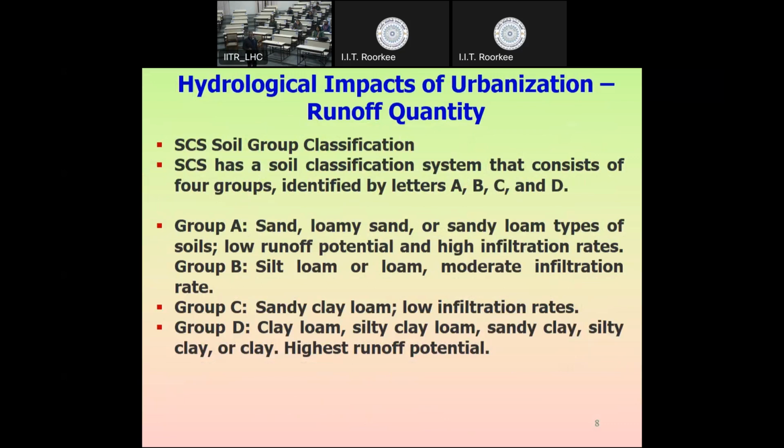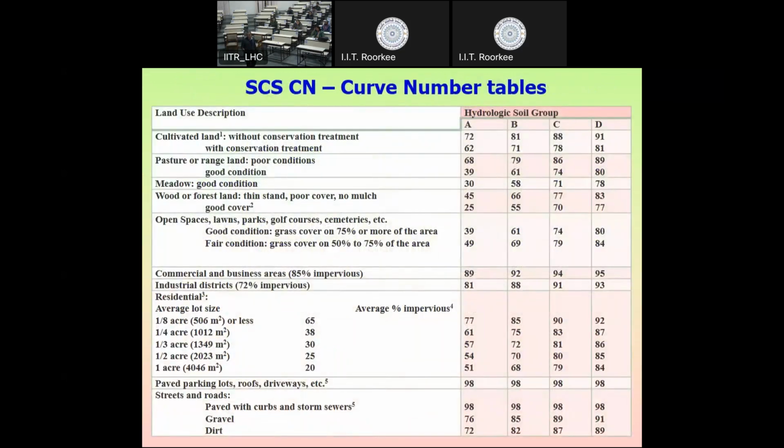Now, to make life simpler, SCS has developed a table called the curve number table, where the curve numbers corresponding to different land uses and different hydrological soil groups are given.